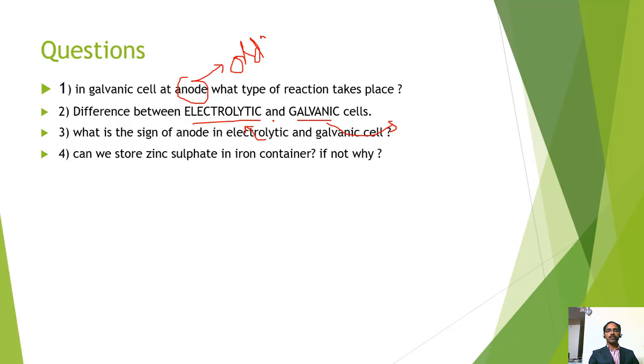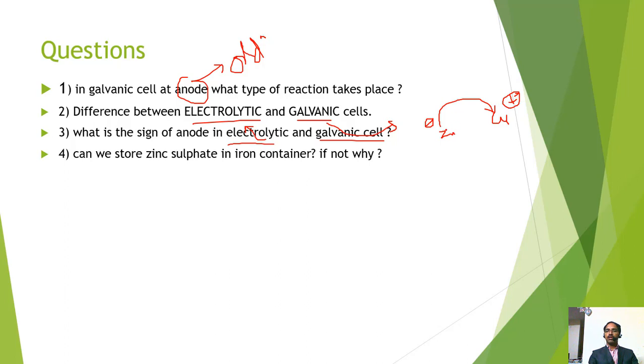Next, what is the sign of the anode in electrolytic and galvanic cells? See, in the case of the Daniell cell, that is a galvanic cell, zinc and copper electrodes are there. The zinc is giving electrons to copper. So this is the negative charge, and this is the positive charge, because copper is taking electrons.